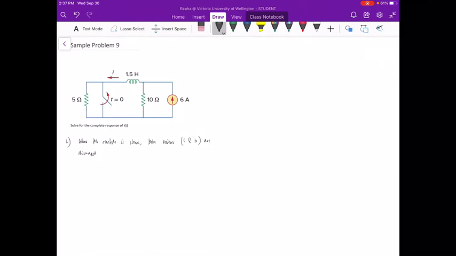Both of these resistors are discarded because they are both in parallel to the switch, and when the switch is closed, both of these resistors are short-circuited.